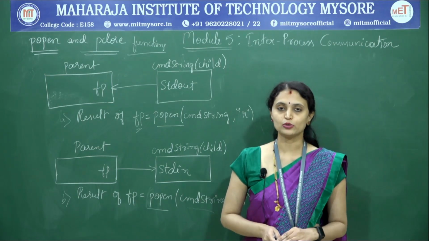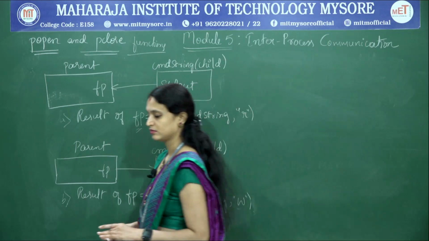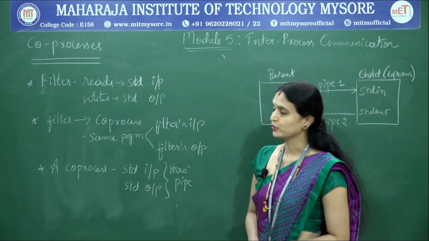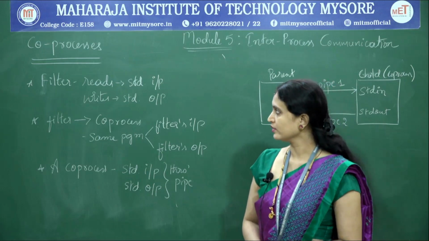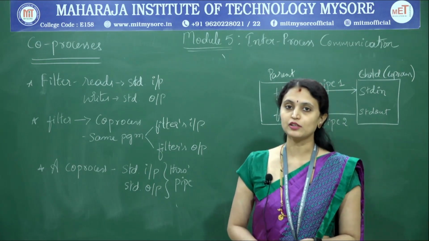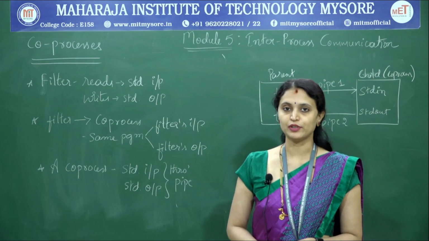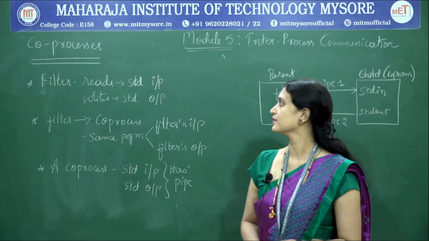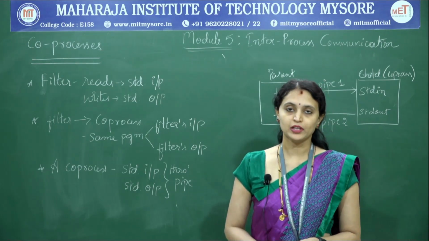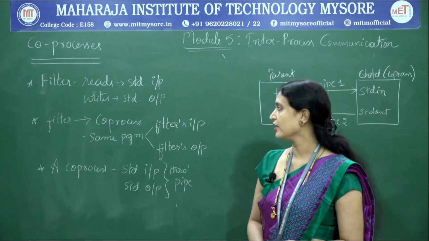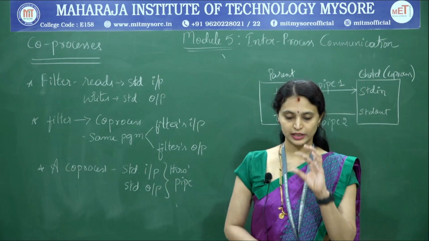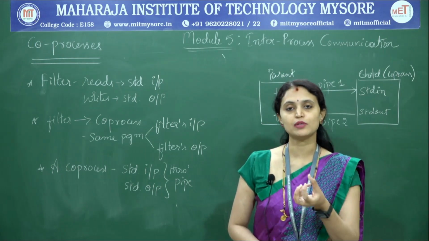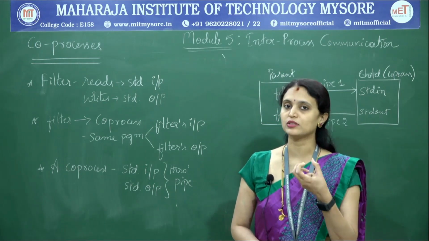Now let's look into the next concept, which is co-processes. Before getting into co-processes, first let us see what a filter is. In a Unix system, a filter is nothing but a program that reads from the standard input and writes into the standard output.